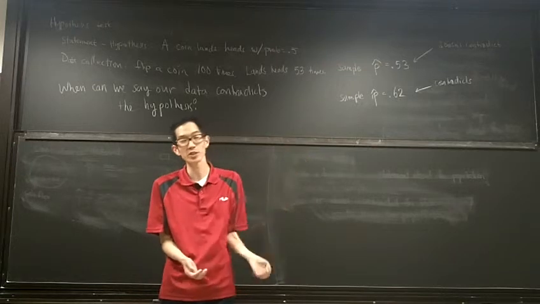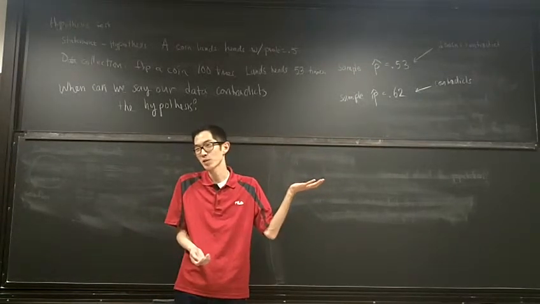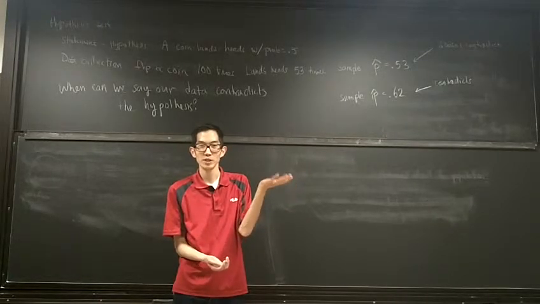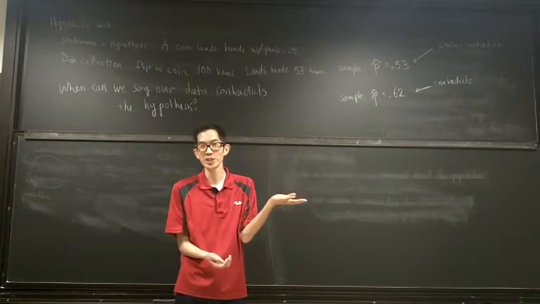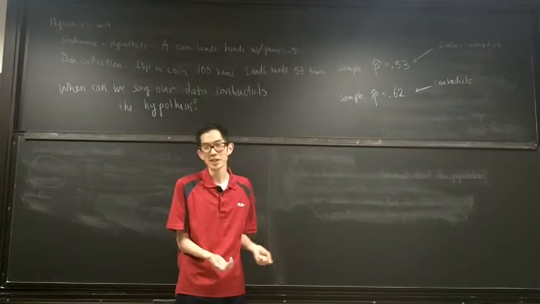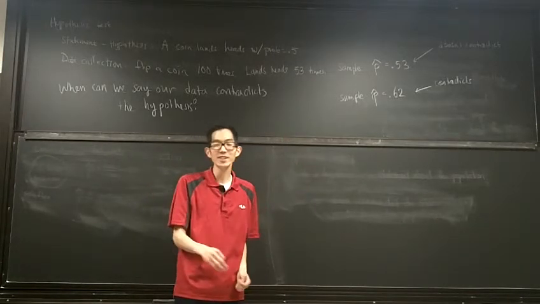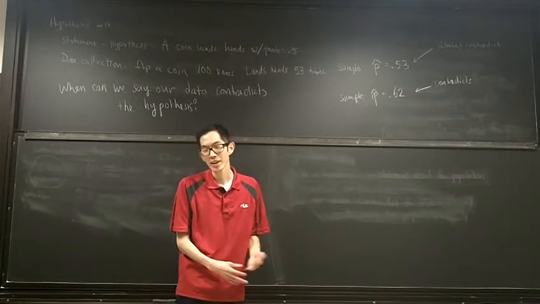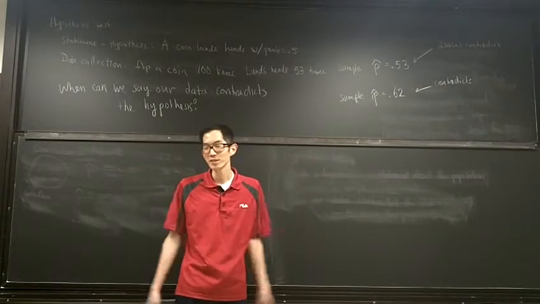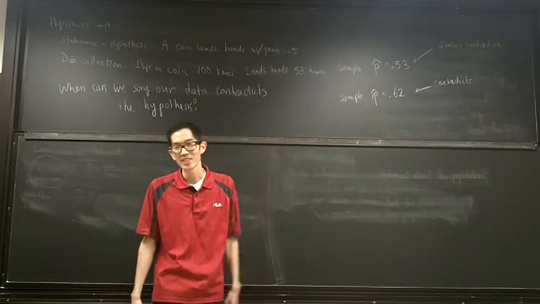Or if I flip a coin 100 times, and let's say it lands heads 80 times. Okay, what will you guys think? Something's wrong with your coin. You're cheating, you're doing something. Let's say we played a game, right? I say, okay, I'm gonna flip a coin 100 times, and if it lands heads less than 50 times, I'll give everybody an A. But then we flip the coin and it lands heads 80 times.